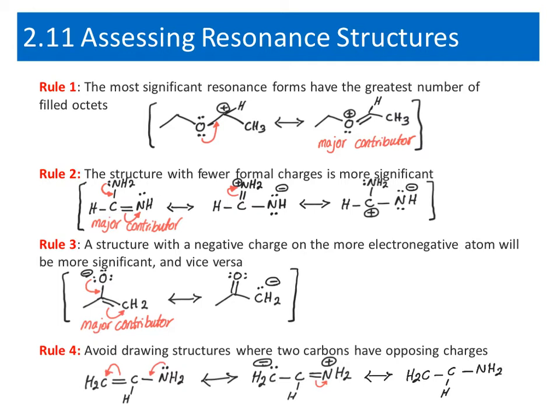Okay, so in this case, nitrogen gets the lone pair. Carbon was negatively charged in the first one, and now this carbon gets a positive charge.